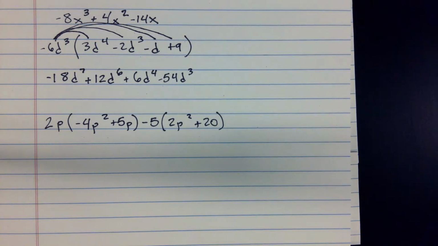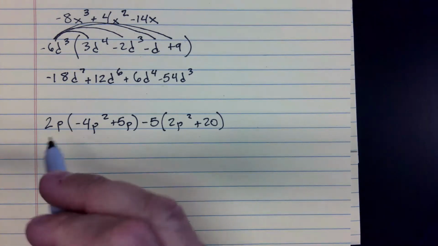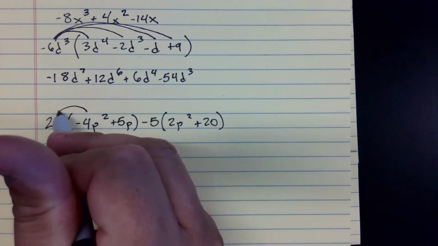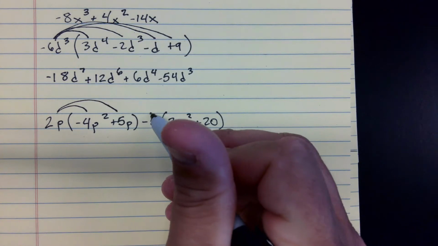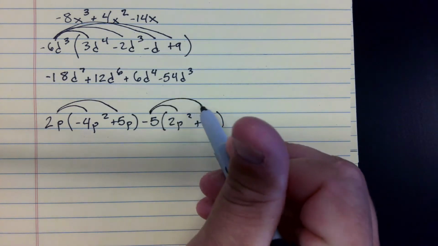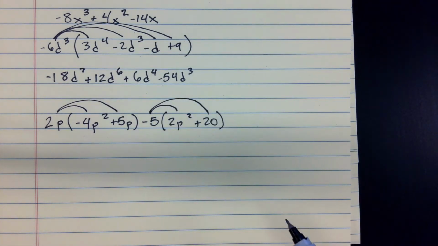We have two polynomials. Basically, we want to get rid of the parentheses. We want to combine like terms. But in this case, we have an issue. There's a monomial in front of each polynomial. So the first thing we have to do is distribute the monomial to everything in front of it. For example, this 2p is going to get distributed to here, and this negative 5 is going to get distributed to there.